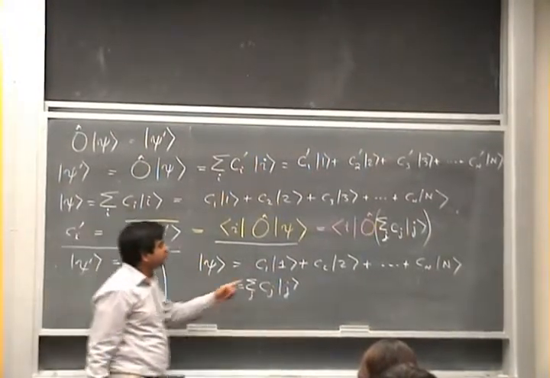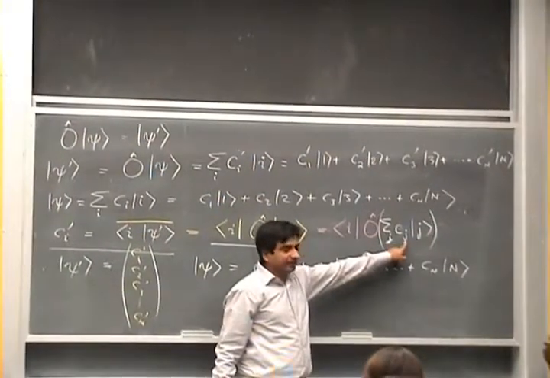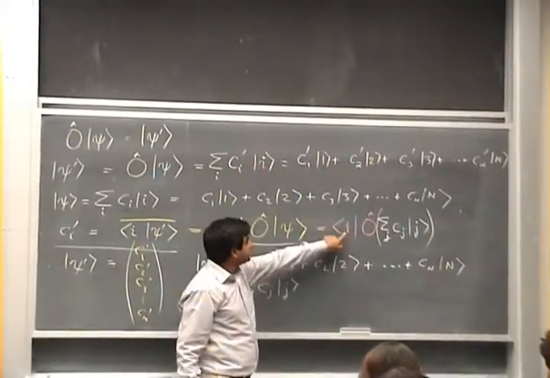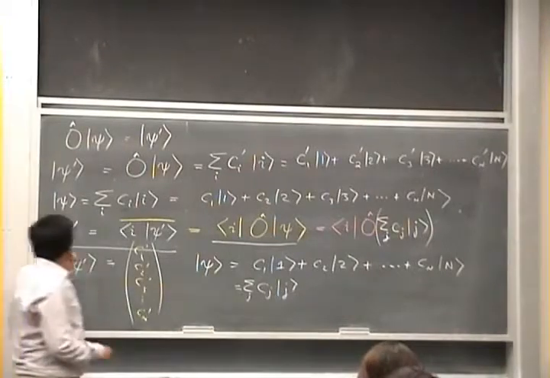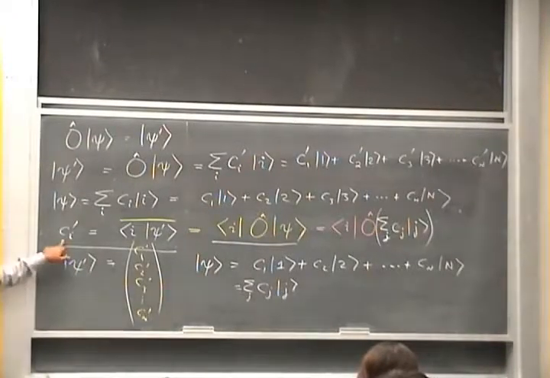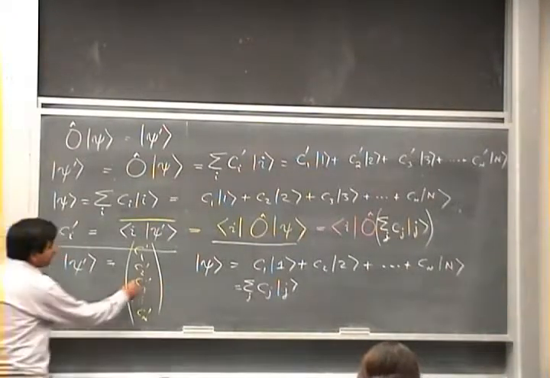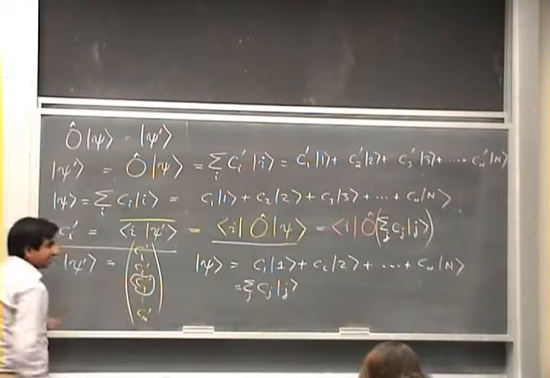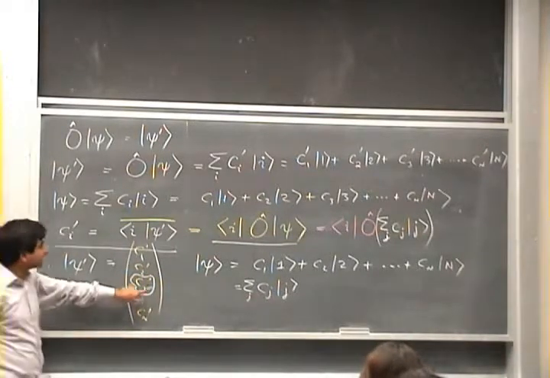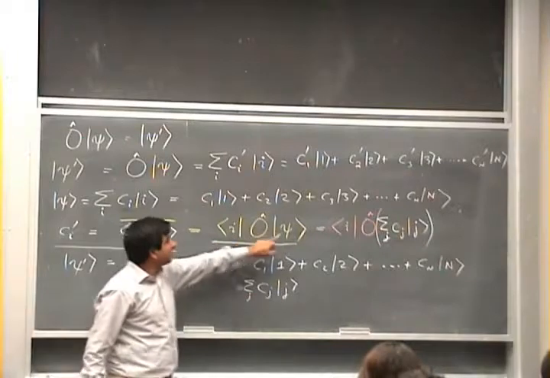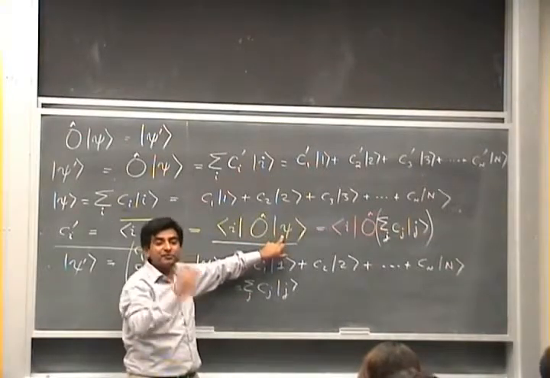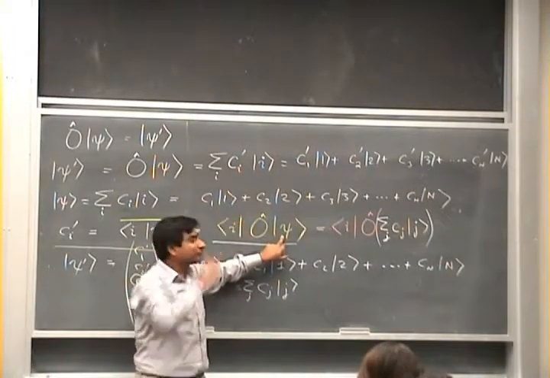And I don't use the index i here because i is something fixed. I focus my attention on Ci prime. I'm picking up one of these coefficients like C3 prime. So there's a 3 here. But here I want to use all the indices 1, 2, 3, 4, 5 all the way up to n.